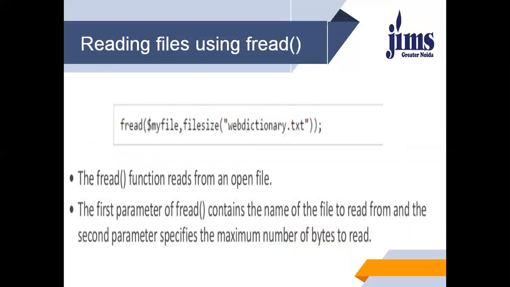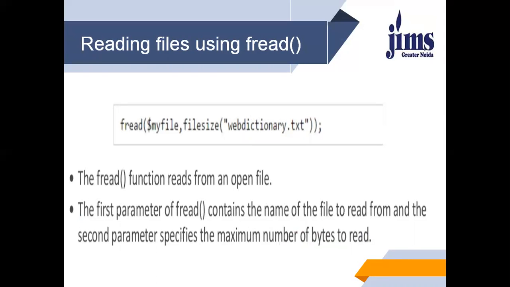We can read the file using fread also. In fread, you're passing the file name and the file size. Before we can read the information from a file, we have to use the function fopen to open the file for reading. You can read from a file opened in r+, w+ and a+ mode.